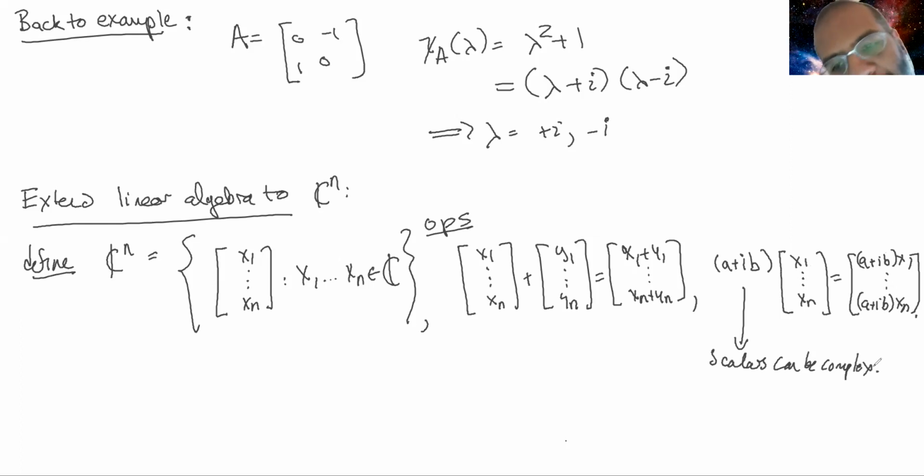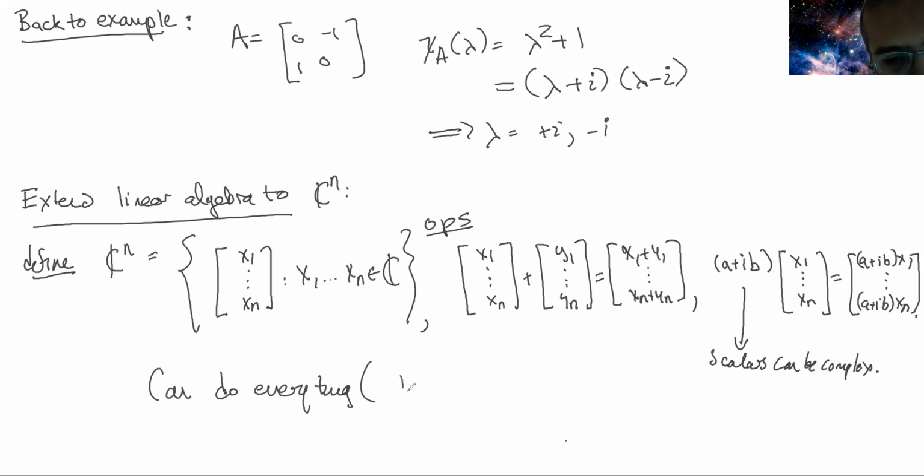And what I'm going to do now is observe, in retrospect, that everything we did, we never actually used that the scalars were real. We just used that they satisfied the familiar rules of arithmetic. And the point is, we can do everything we already did: linear combinations, span, row reduction, pivots, all that stuff with complex scalars.